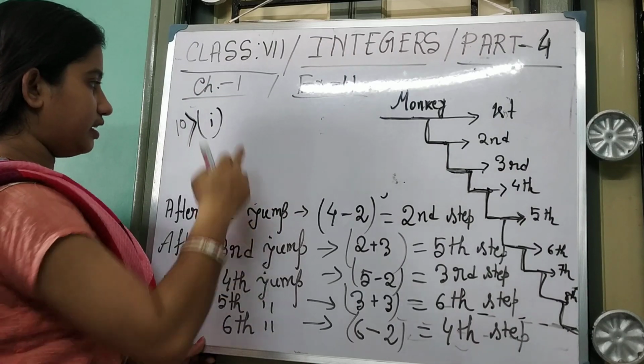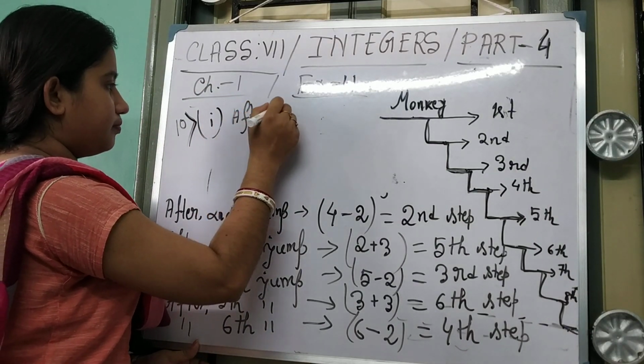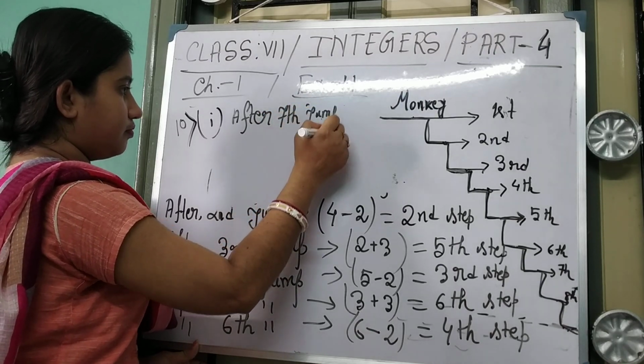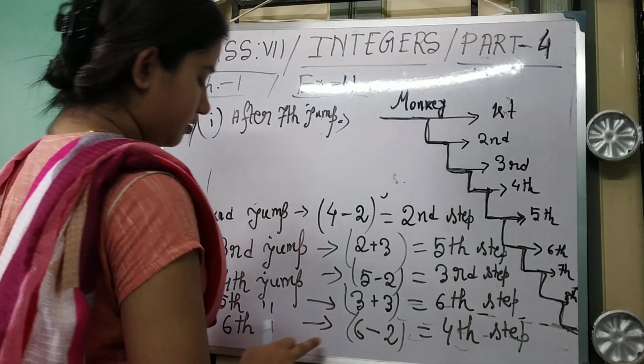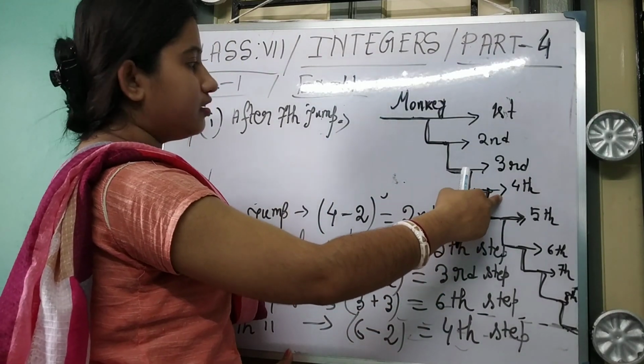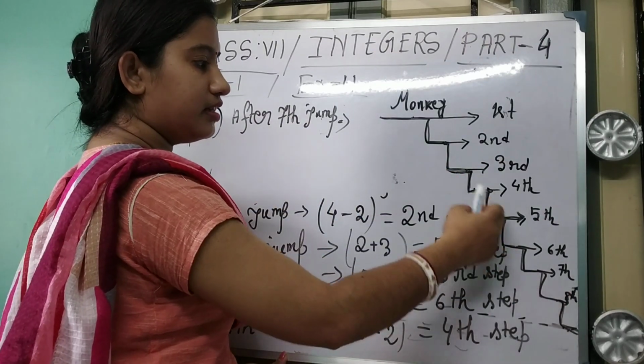This is 6th, next 7. So after the 6th jump, the monkey will be in this position, 4th. So after the 7th jump, that means 4 plus 3, 3 steps down.